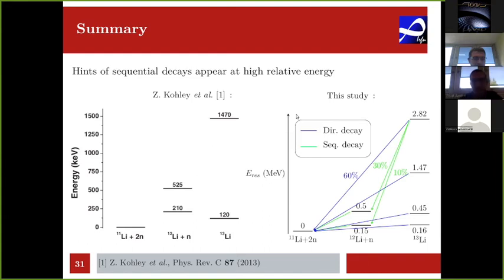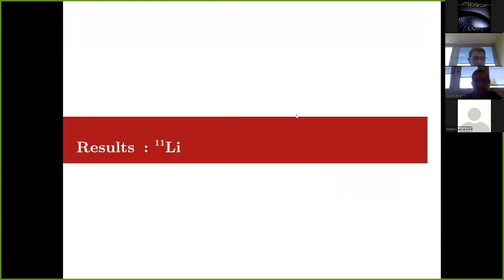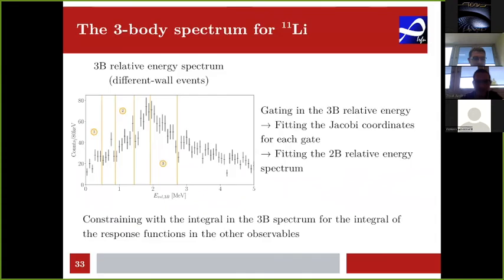So this we have repeated for lithium-11, and this is the three-body relative energy spectrum for lithium-11.